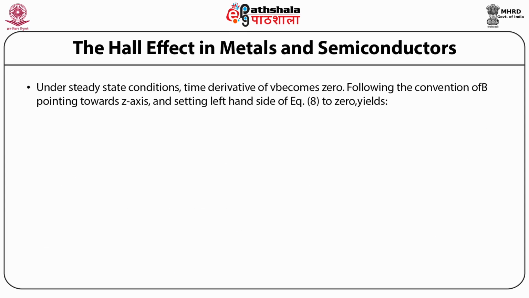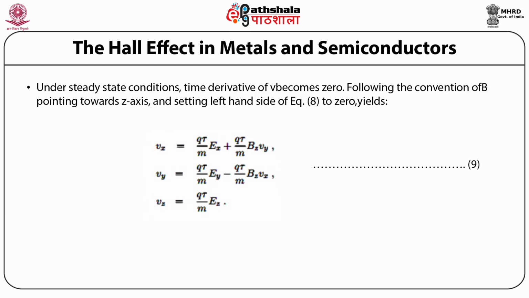Under steady-state conditions, the time derivative of v becomes 0. Following the convention of B pointing towards the z-axis and setting the left-hand side of equation 8 to 0, this yields Vx equals q tau divided by m times Ex plus q tau divided by m times Bz times Vy.